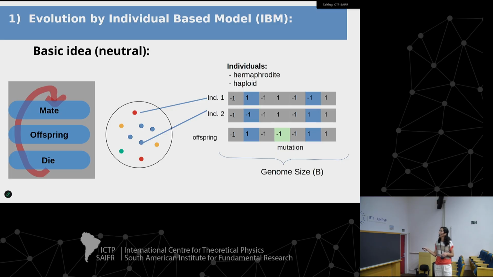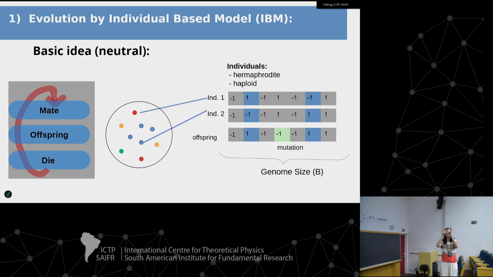The idea of the neutral model is that for each pair of individuals, we let them mate, have an offspring, and die. So how the model works: we pick 1 individual to be the mother, and this mother will look for a father. We let her look among n fathers, where n is the population size.